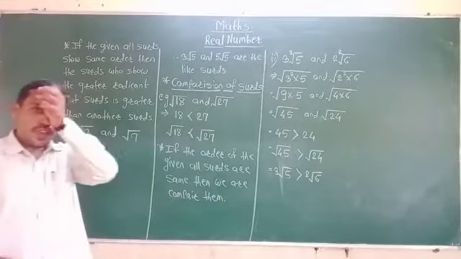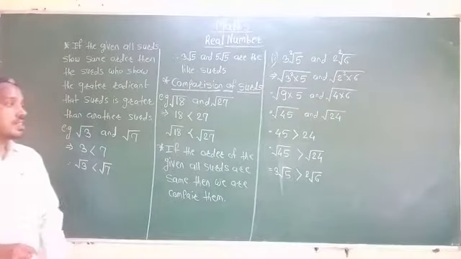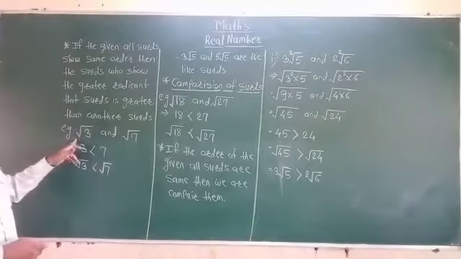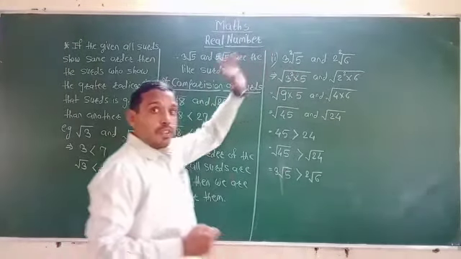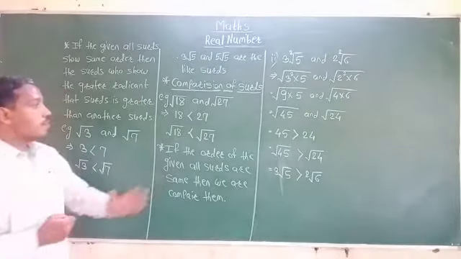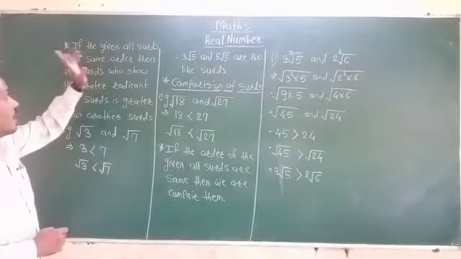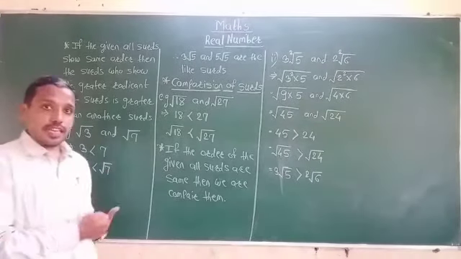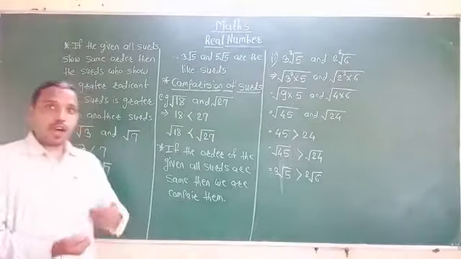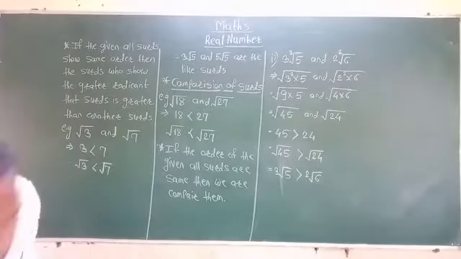In this way we compare two given surds whether they are in simplest form or mixed form. But in both examples the order is the same. If the order is not the same in two given surds, how can we compare them?